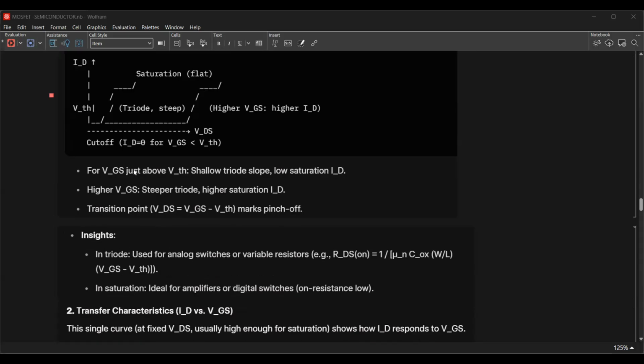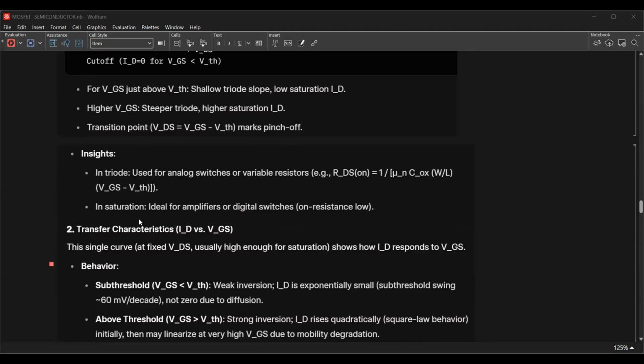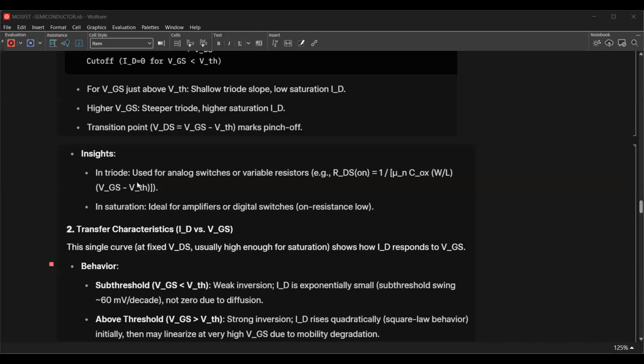Saturation is flat. So for the insight, in triode, it is used for analog switches or variable resistors.